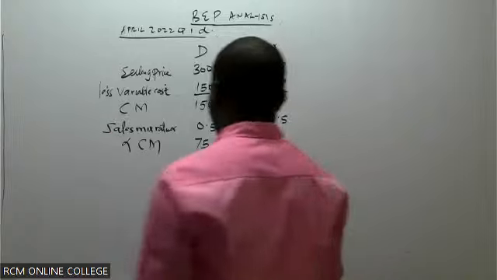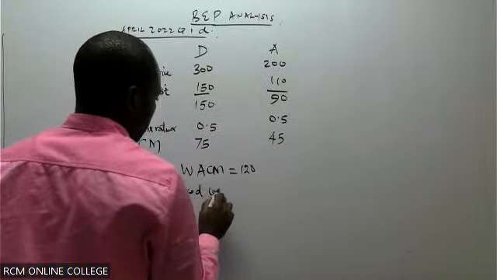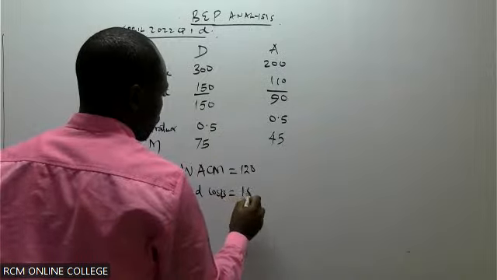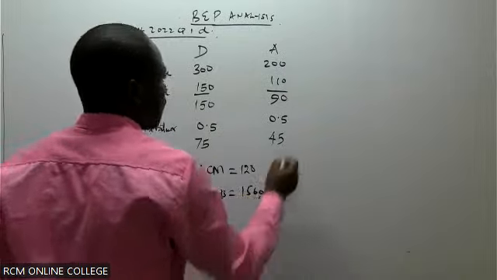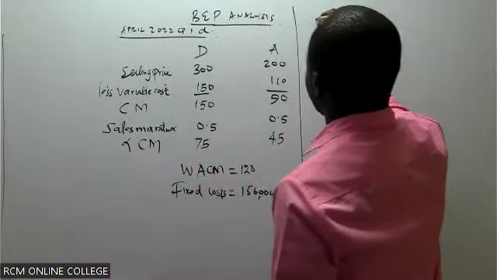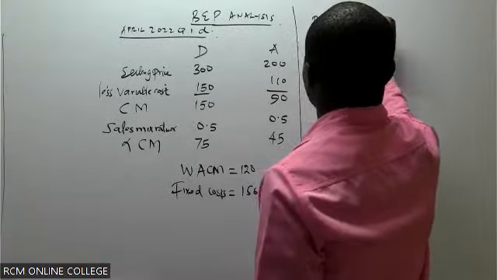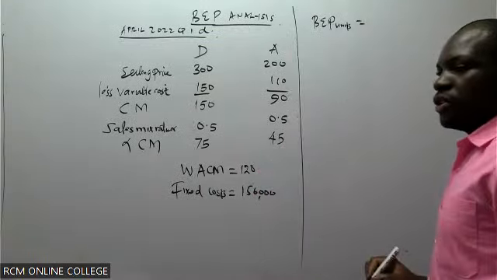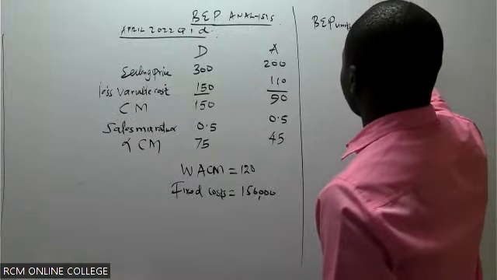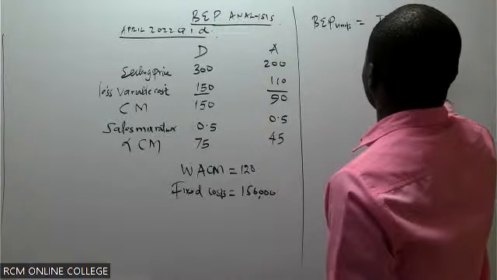120. Let us not forget our total fixed cost, which does not change. Our total fixed cost was equivalent to 156,000, if I'm not wrong. Good. So please go ahead and give me the break-even point in units. The break-even point in units will be total fixed cost divided by weighted average contribution margin.